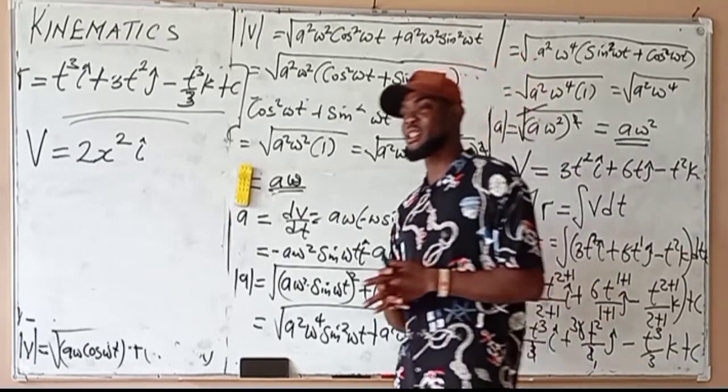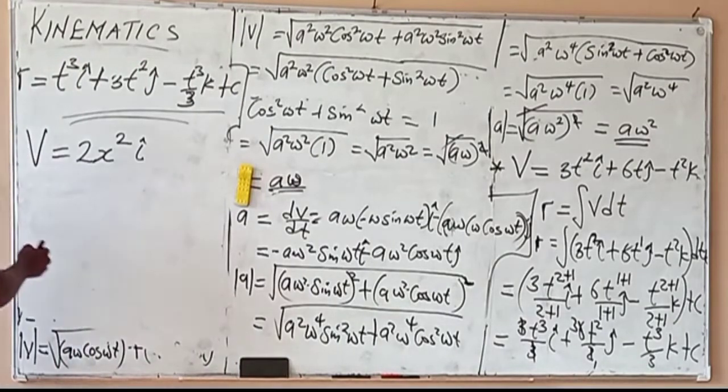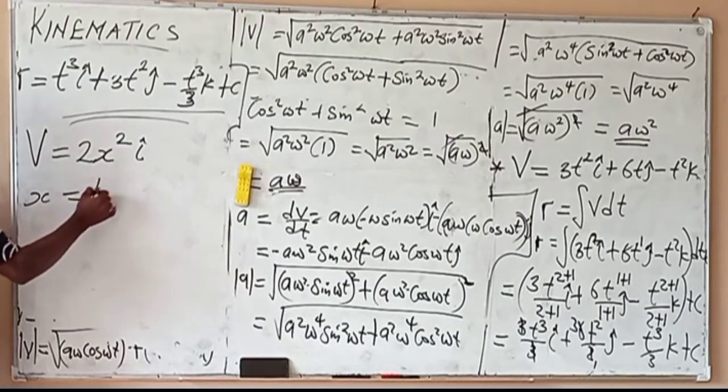Find the acceleration of the body at a displacement of s equal to 1 meter.